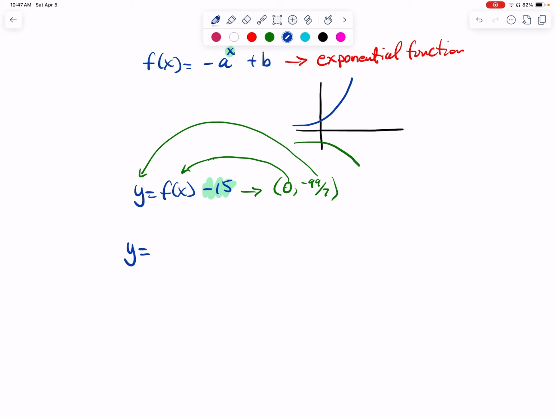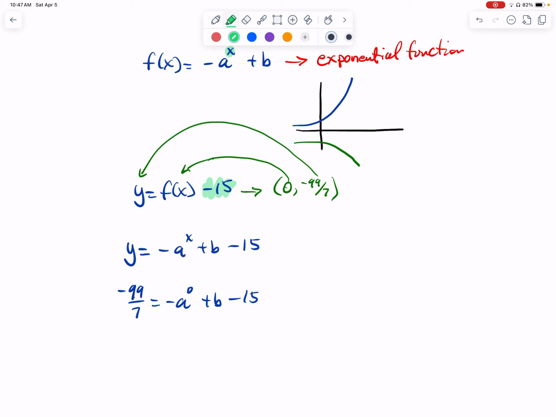So y is equal to negative a to the x plus b, and then minus 15. I just substituted in f of x right in there. And then let's plug in our point that we were given. So negative 99 over 7 is equal to negative a to the x plus b. Whoops, no, the x is 0, and then minus 15.